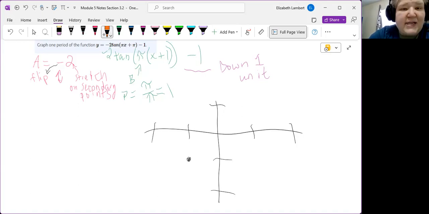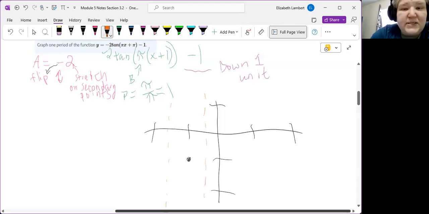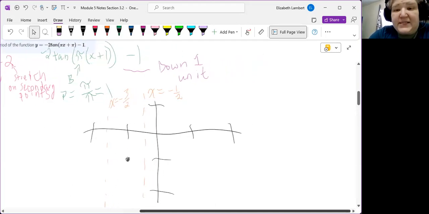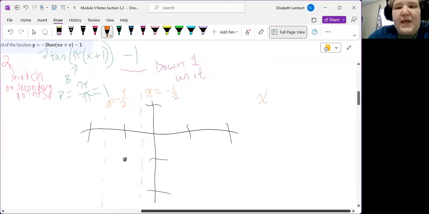So that means our asymptotes here are going to go through these. So this is -0.5, and this is -1.5 or -3/2. So if we wanted a formula for the asymptotes, it would be x equals, and the starting point doesn't matter. You can shift it around.